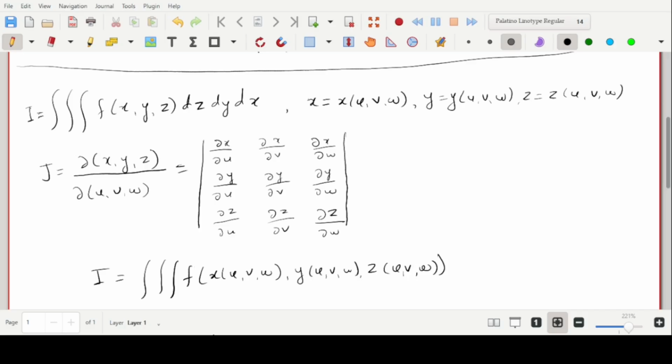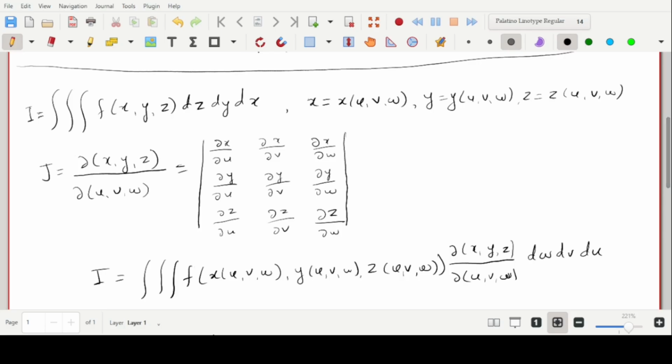We shall multiply this by the Jacobian of x, y, z, dw dv du, and again the limits of integration we shall have to change accordingly, as we have defined these three functions.